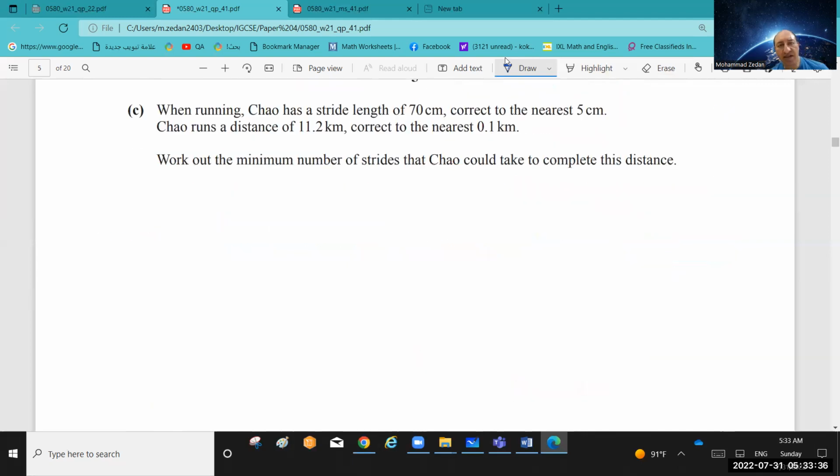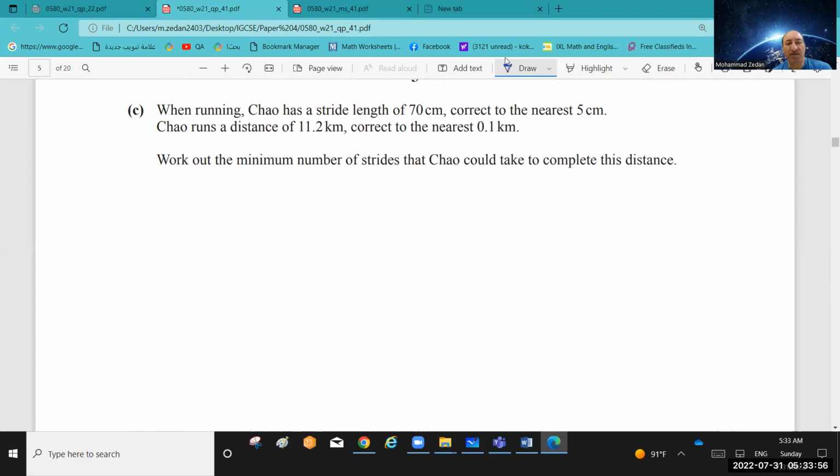When running, Chow has a stride length of 70 centimeters, correct to the nearest 5 centimeters. Chow runs a distance of 11.2 kilometers, correct to the nearest 0.1 kilometer. Work out the minimum number of strides that Chow could take to complete this distance.